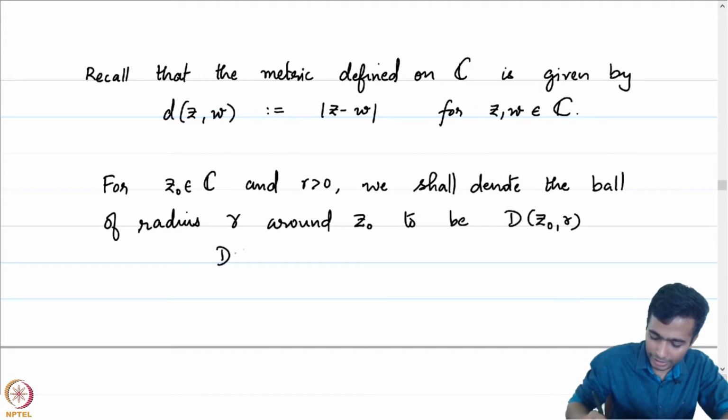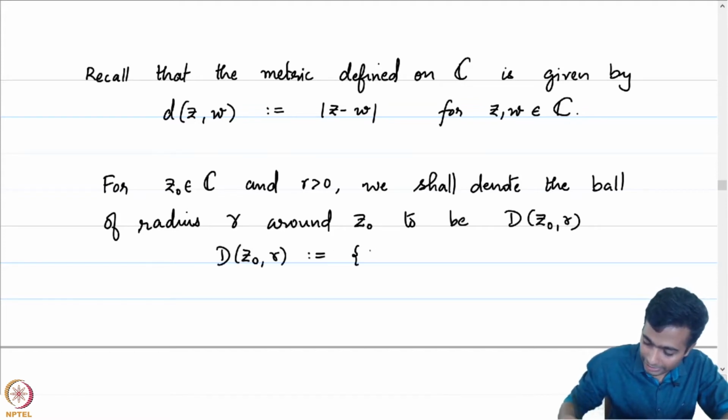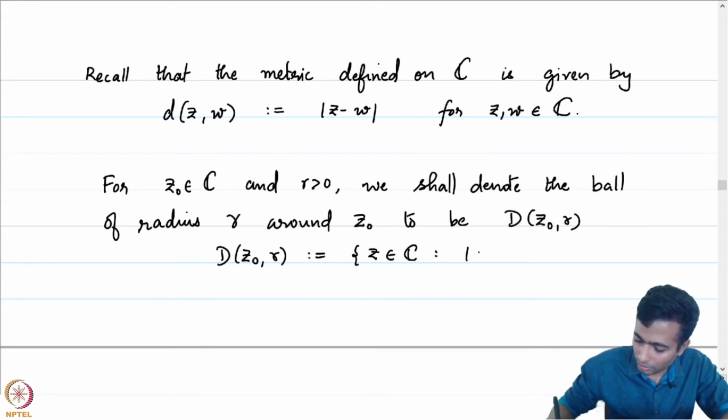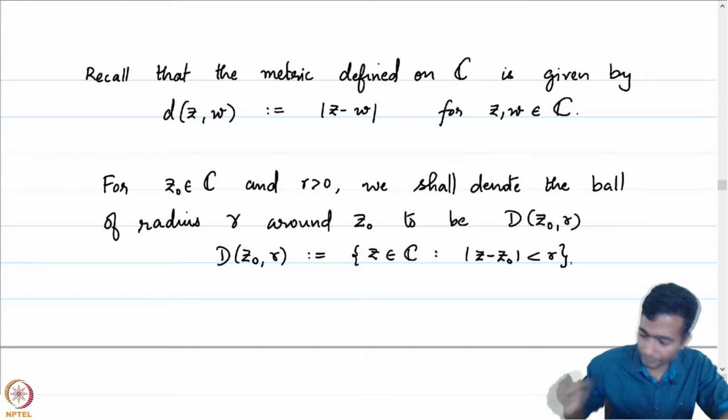So recall that D(z0, R) is the set of all z in C such that the distance of z to z0 is less than R.